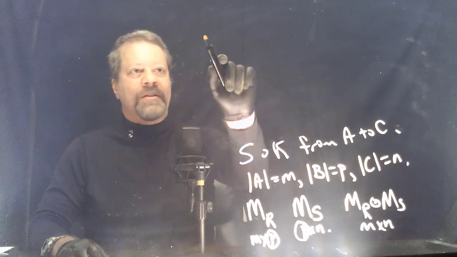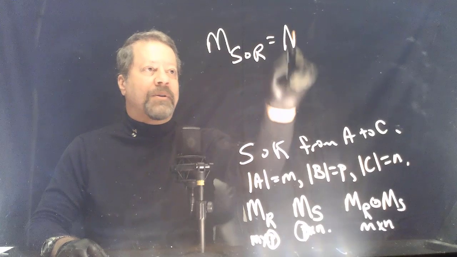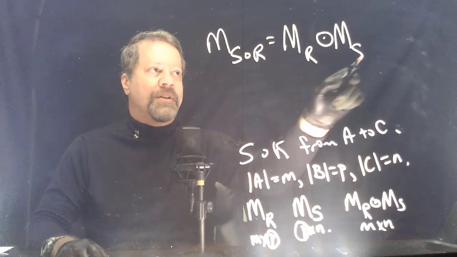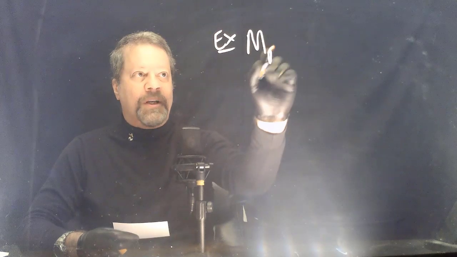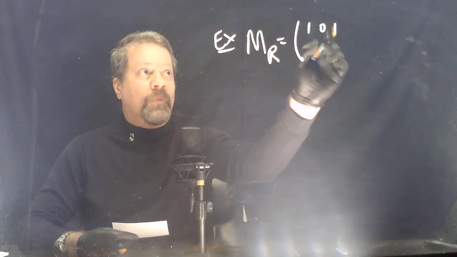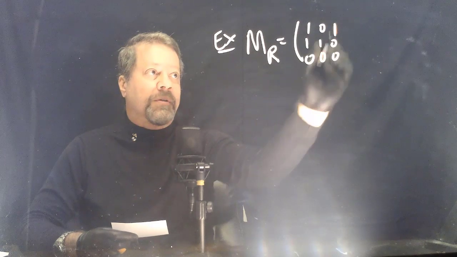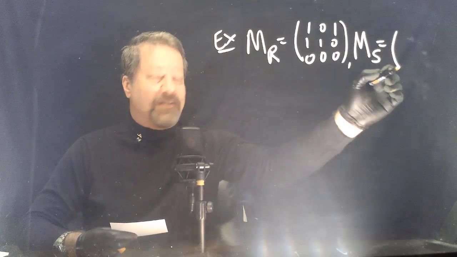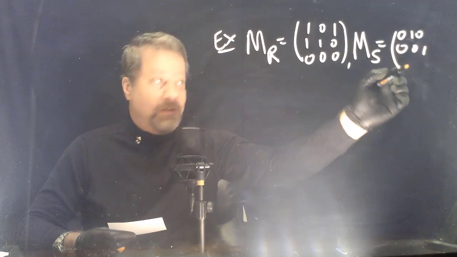It turns out that the matrix representation of the composition will be the matrix representation of R, Boolean times the matrix representation of S. Let me illustrate what I mean. For example, suppose the matrix representation of R is 1, 0, 1, 1, 1, 0, 0, 0, 0, and the matrix representation of the relation S is 0, 1, 0, 0, 0, 1, 1, 0, 1.